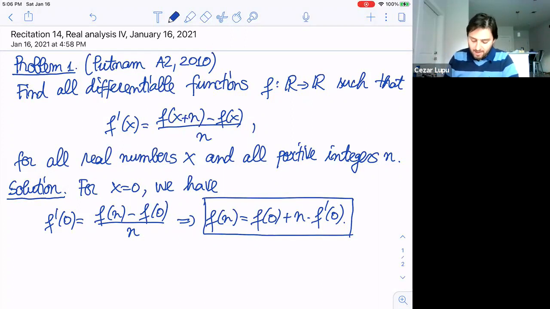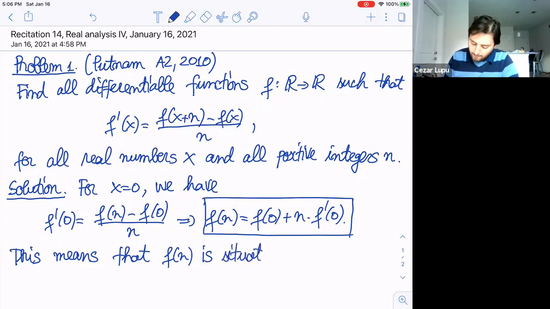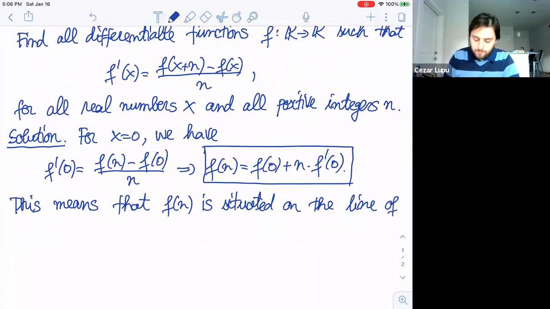So this means that f of n is situated on the line of slope f prime of 0 and intercept f of 0.